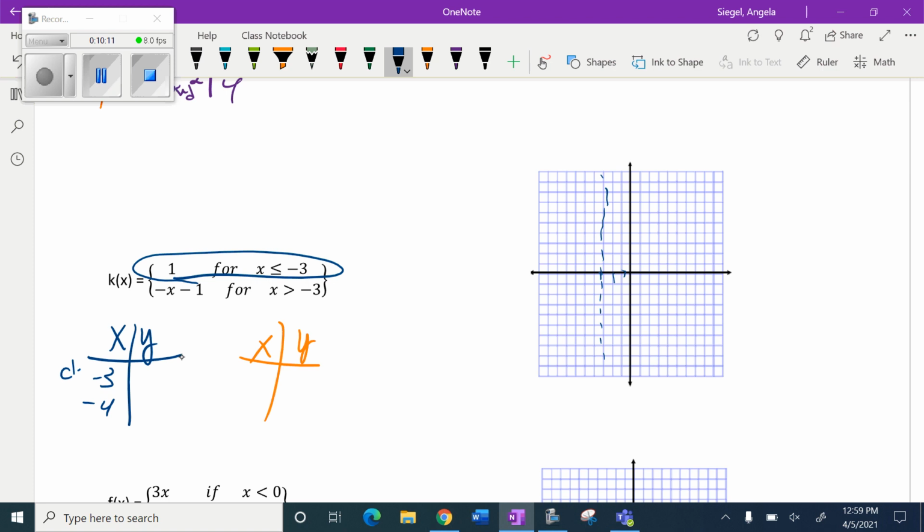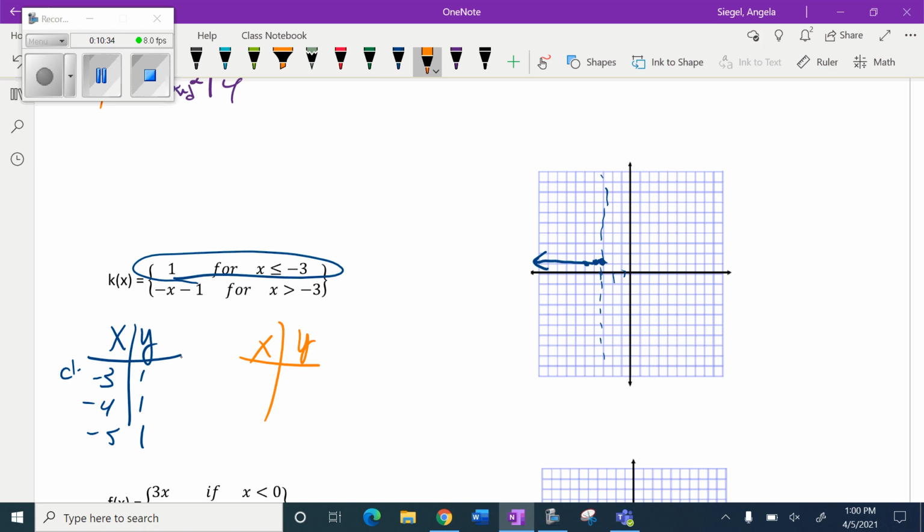We're going to do -3, -4, -5, and notice that they're all ones. So I'm going to graph that. -3, 1, closed dot, -4, 1, and -5, 1. And that's going to keep going on and on forever. So I'm just going to make my arrow that way.